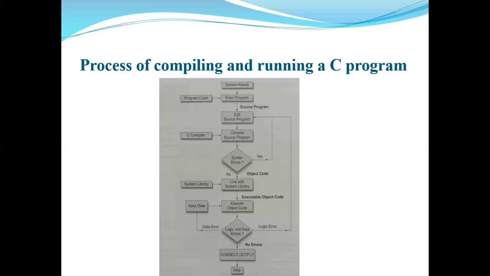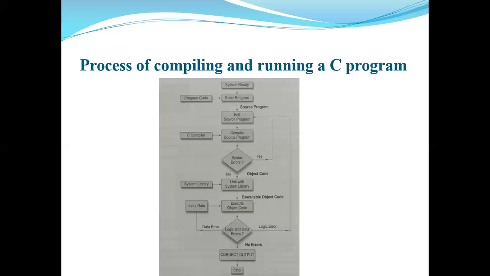Again, if your program is error free, then the .obj object code is going to be created. Once the object code is created, link the object code with the system library. Then it becomes executable object code. Then execute the object code by giving the input.